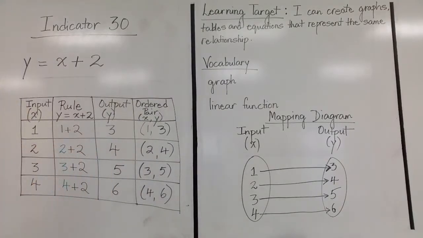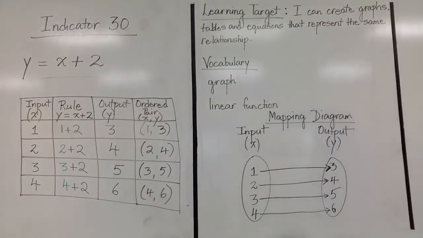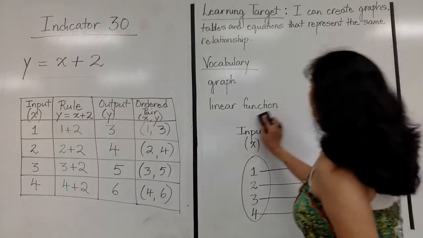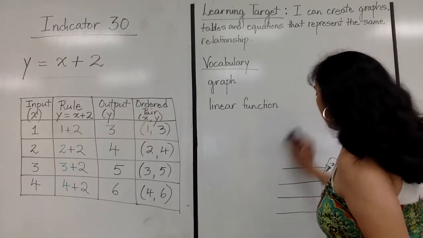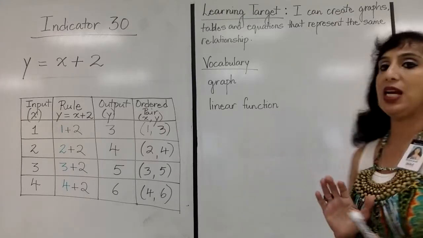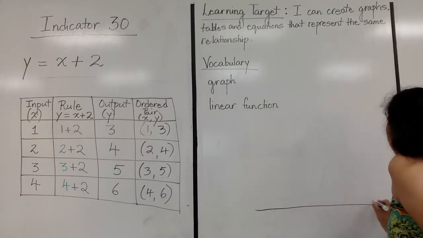Now, let's go ahead, take my ordered pairs, and I am going to graph this. I'm erasing this part. I just wanted to show you what a mapping diagram was. And remember what we've done in the past, okay? This is my x-axis.